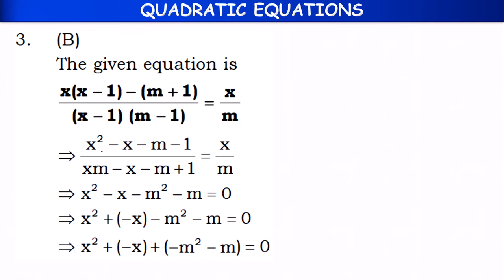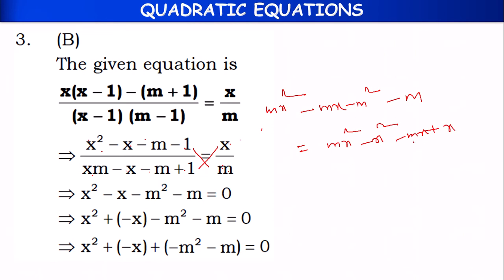So next, if we cross multiply, m into x square, mx square, minus m into x, mx, m into m, minus m square, m into minus 1, minus m, equal to xm into x, mx square, minus x into x, minus x square, minus m into x, minus mx, plus 1 into x plus x. Like this we will get.